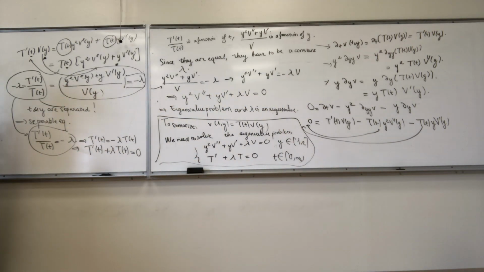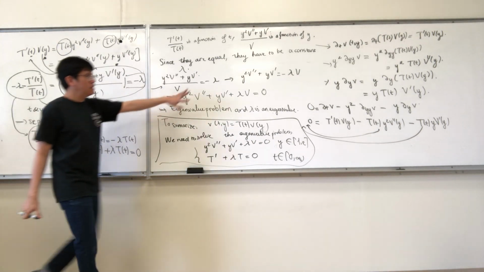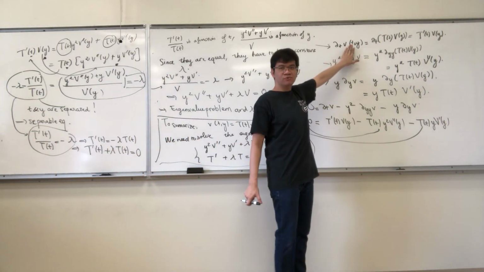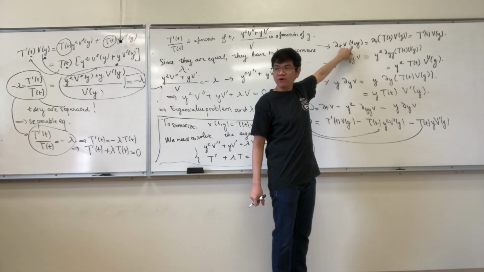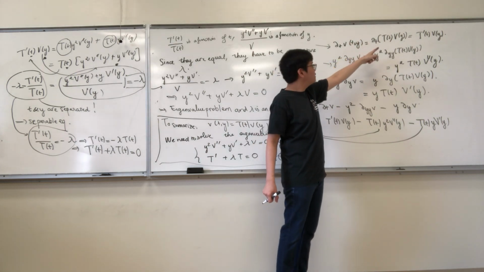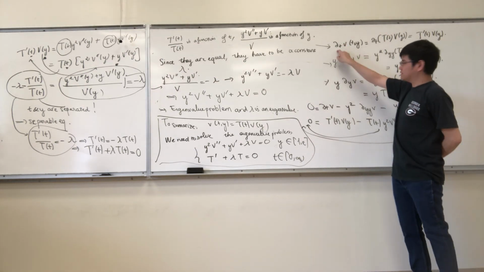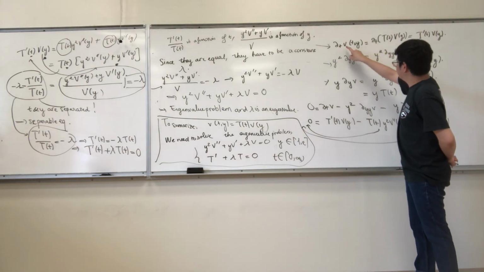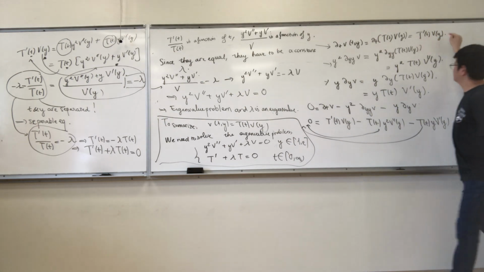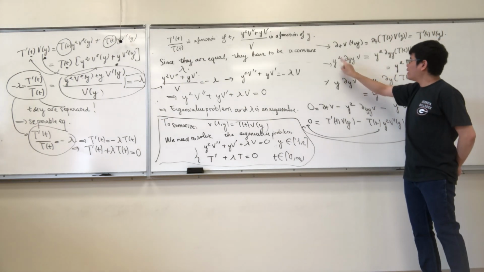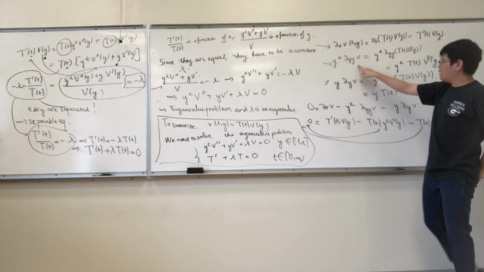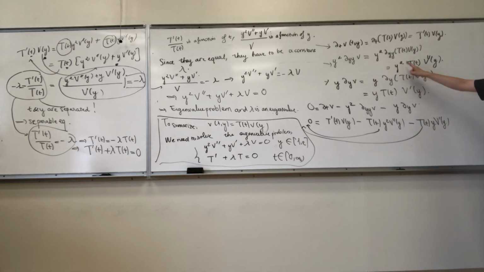All right? I explain again. So the first thing you do is to write v as the product of T, which is a function of t, and V, which is a function of y, right? So after you do that, you take the derivative in t. In v, you're going to have derivative in t times V. You do y squared d_yy, you got y squared T V second of y.